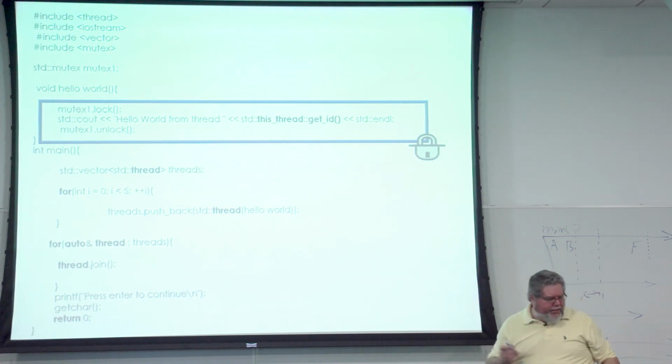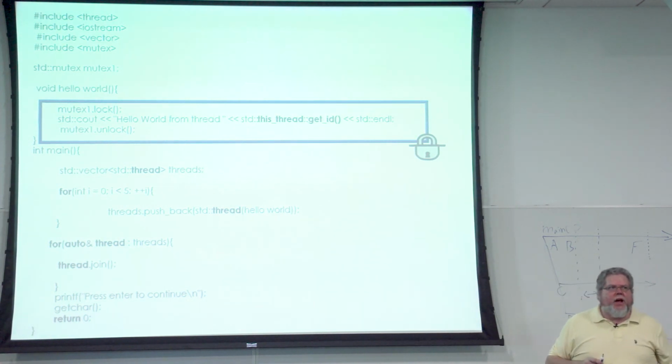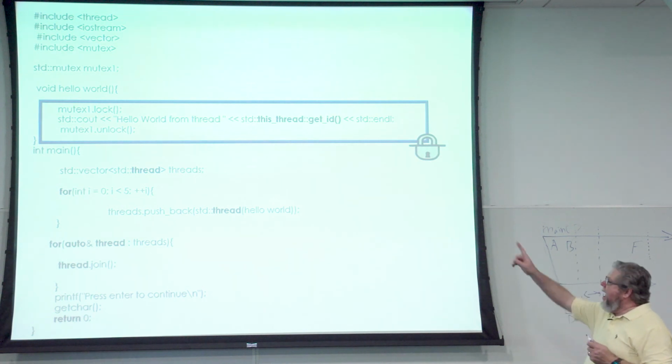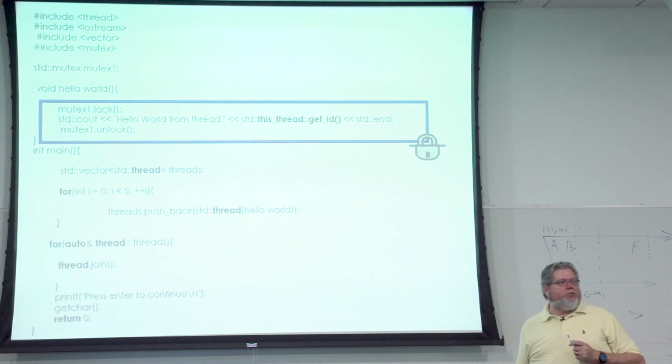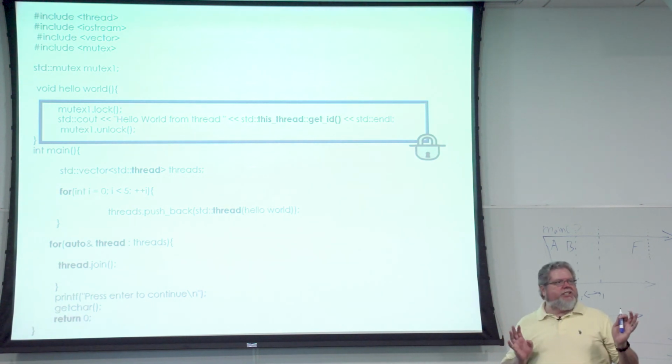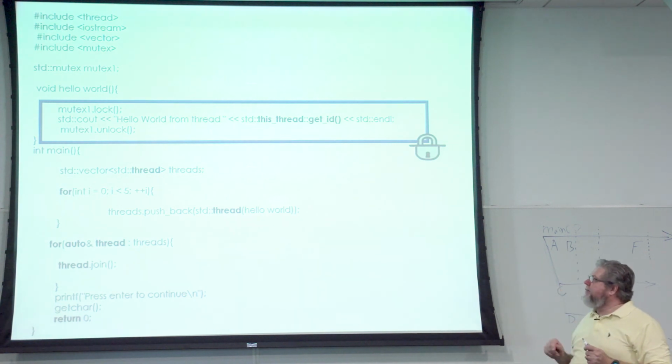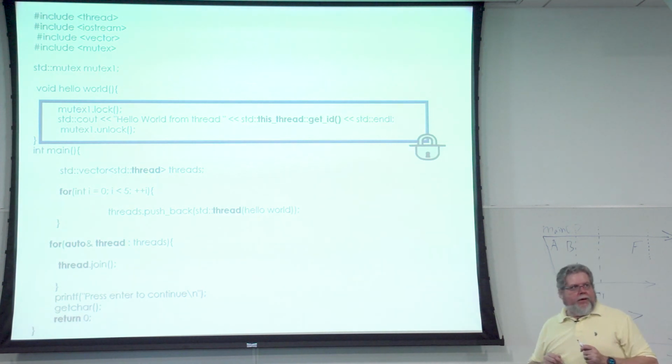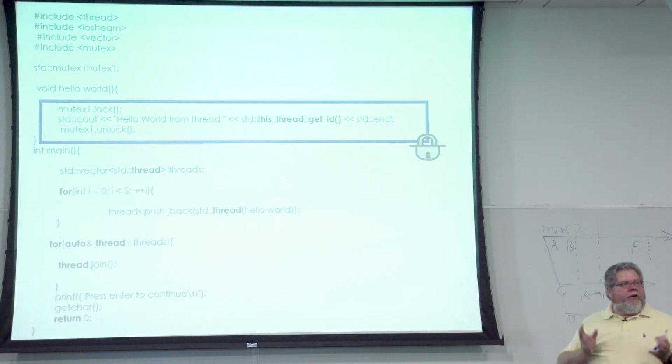Now, the next thing you'll see there, I'm declaring a mutex named mutex1. Mutex1 is a name. It can be anything. Bob, Larry, Susan. It's just a name. Okay? You'll also notice that I am declaring it globally, so I can use it anywhere in my code.